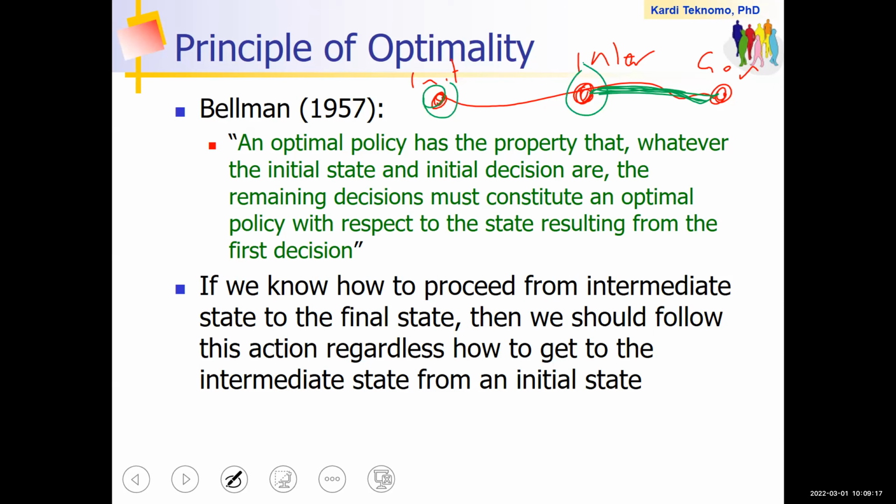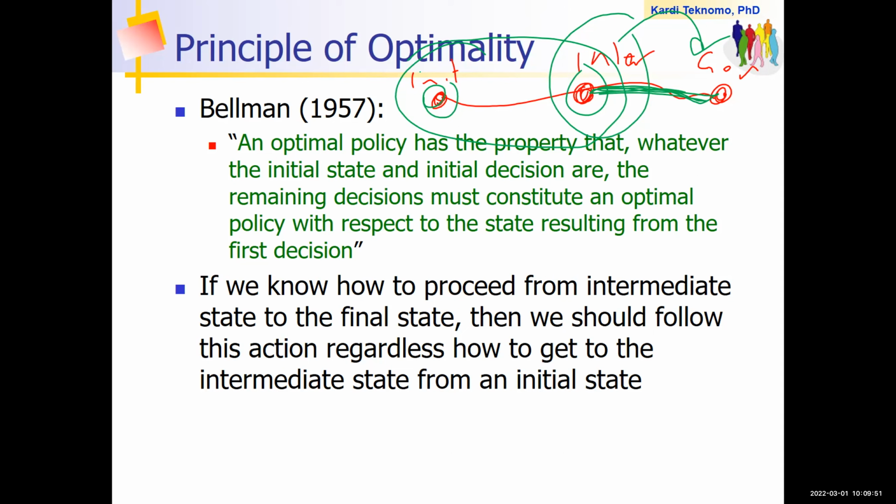That means, look, if I already know that from intermediate to the goal node is already optimal, I don't really care about it anymore. All I need to do is find again from the initial state to the intermediate state, right? And Bellman is basically proving this principle of optimality in his book, that it is correct.